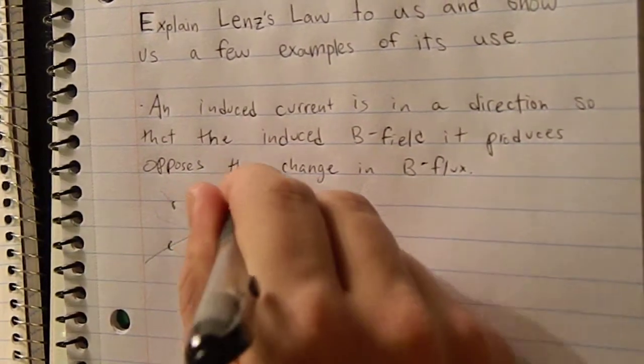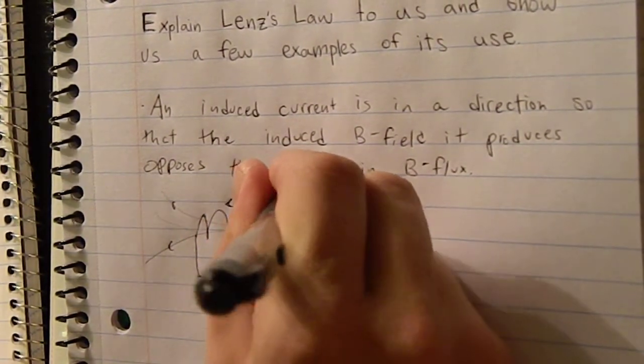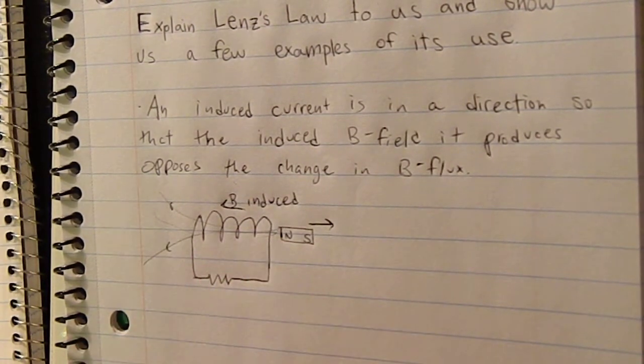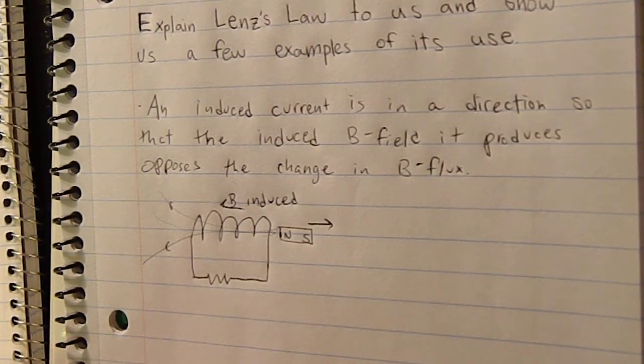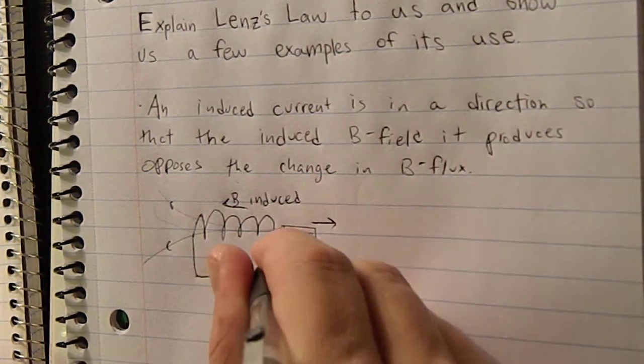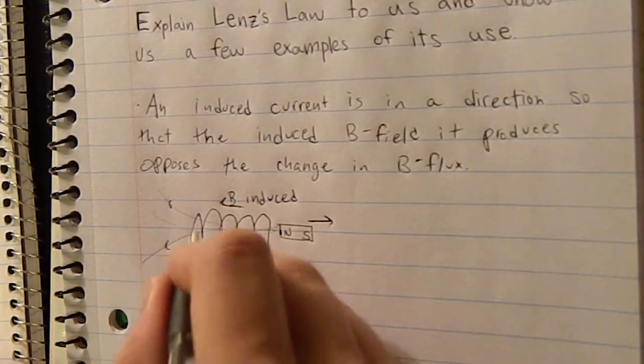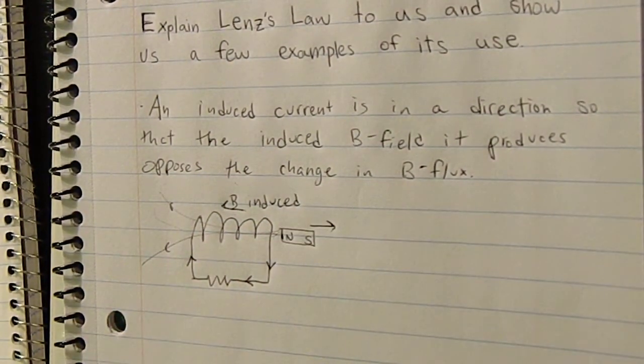So this is the B induced, and when you have the B induced going this way, you can use the right hand rule to figure out which way the current is going, and you'll get that the current is going this way, moving this way around the coils and back through.